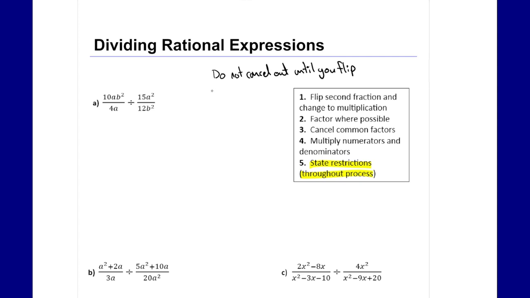And check restrictions first. So we want to check for restrictions first before we flip it, because we always have to go back to the original expression when we're looking for restrictions. And we don't want to cancel anything out because we only cancel it when we multiply, and we're not multiplying yet.